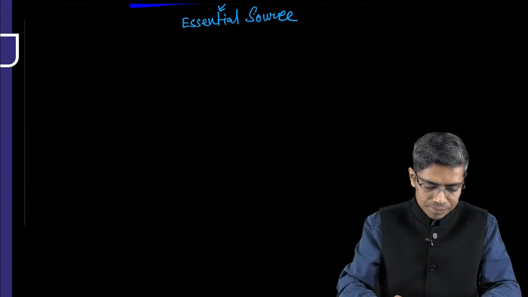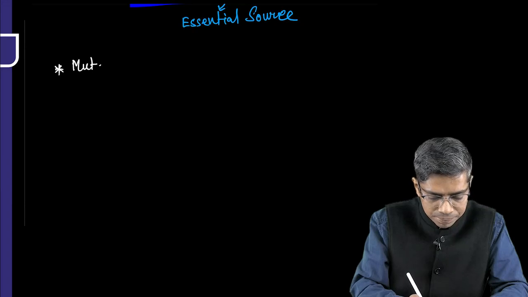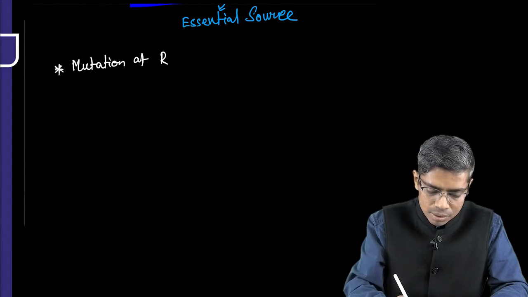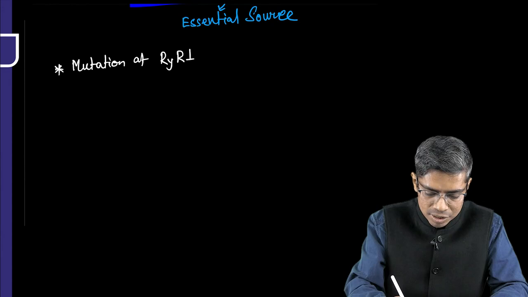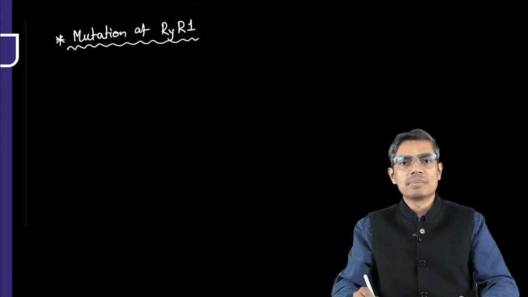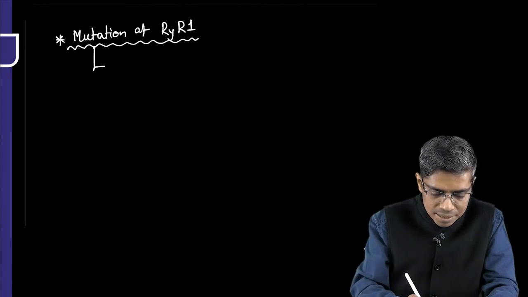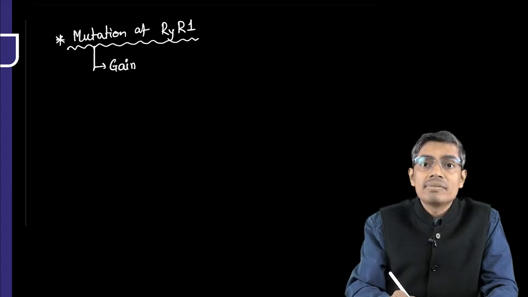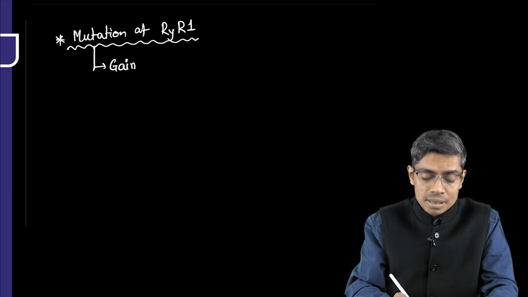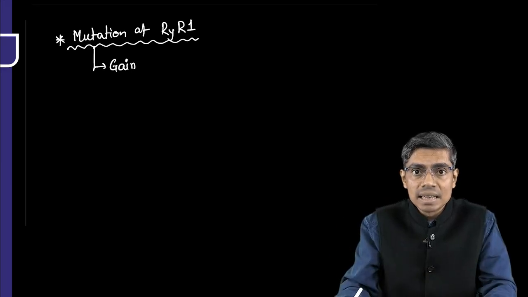Okay, note down. So you know that mutation of this RyR type 1 channel is very, very important. Mutation of this RyR type 1 channel means the disorder is going to affect the skeletal muscle cell. Okay, if there is gain of function mutation, it means because of the mutation the channel becomes hypersensitive, means the opening probability of the channel increases.